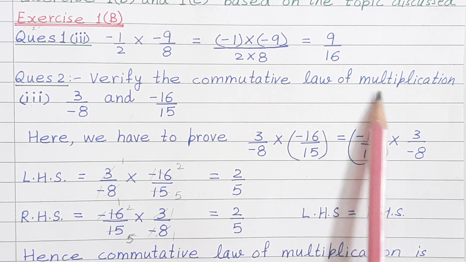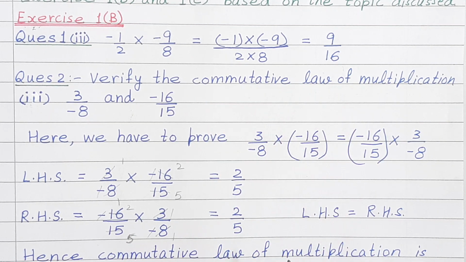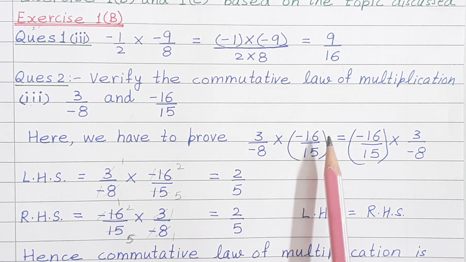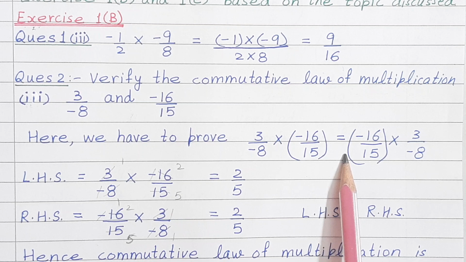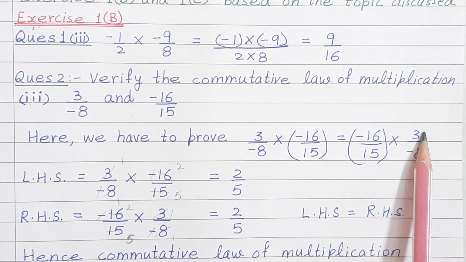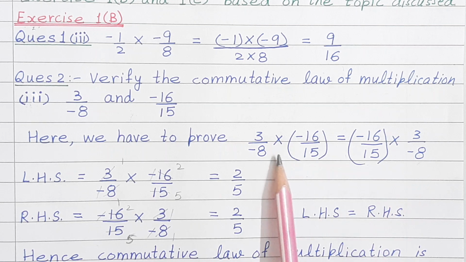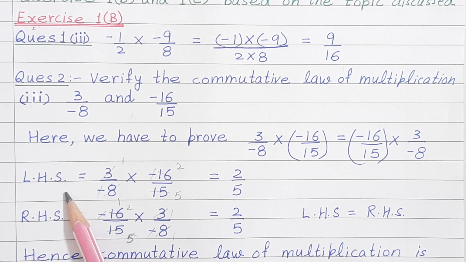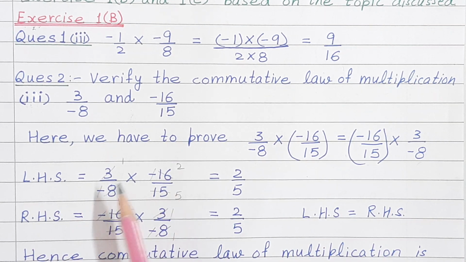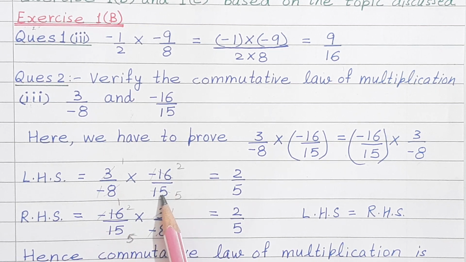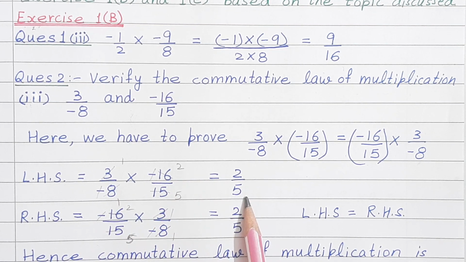Now what is commutative property? That is A upon B into C upon D is equal to C upon D into A upon B. This we have already discussed. So let us solve the left hand side first. Now after solving the left hand side, the answer is 2 upon 5.